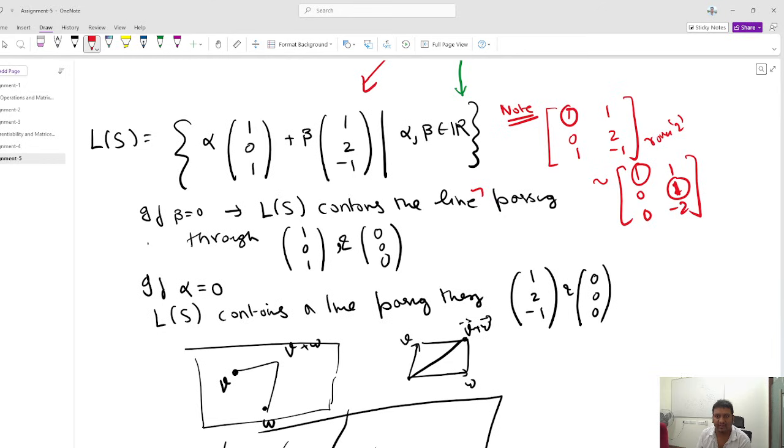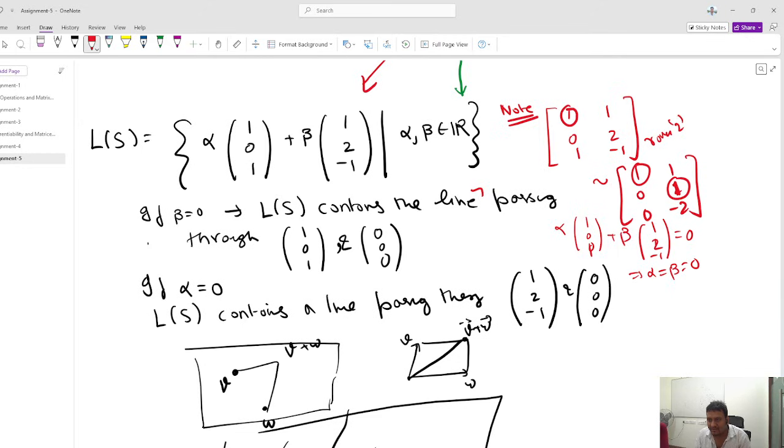How to check linear independence? Two vectors are linearly independent if you take alpha times 1, 0, 1 plus beta times 1, 2, minus 1, set this equal to 0, and then alpha and beta must be equal to 0.